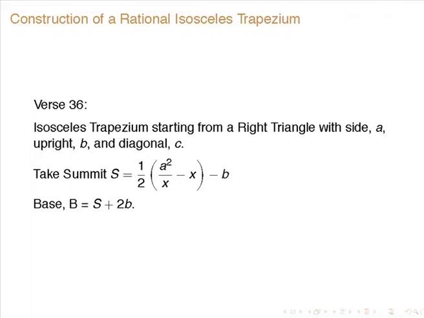Now, for an isosceles trapezium, essentially it uses these right triangles with rational sides. If you start with some right triangle with side A, upright B and diagonal C, then you can take this B to be half of a squared by y minus y kind of thing, and take the summit to be something like this, and the base to be s plus 2b, where x is another rational number.